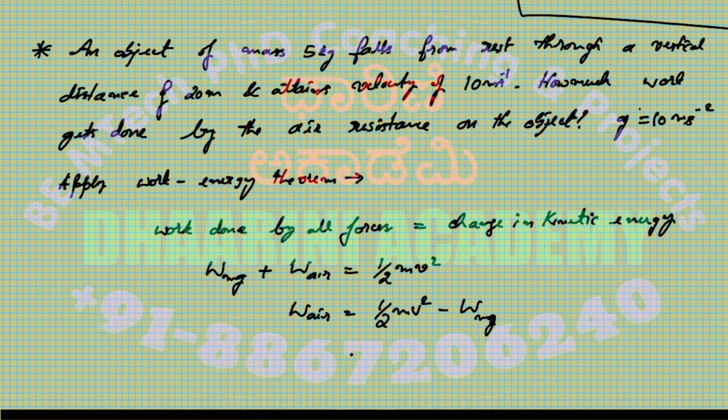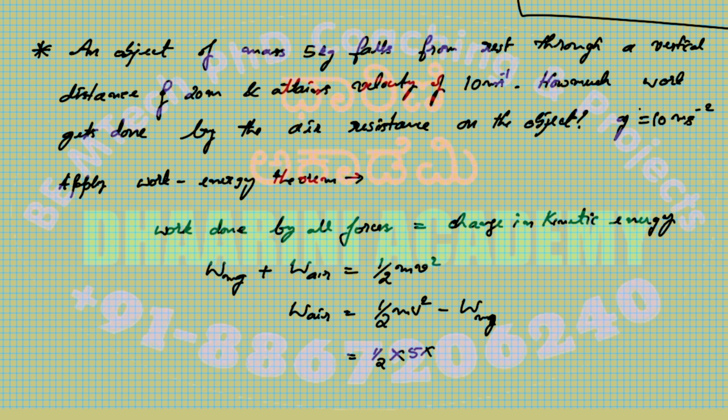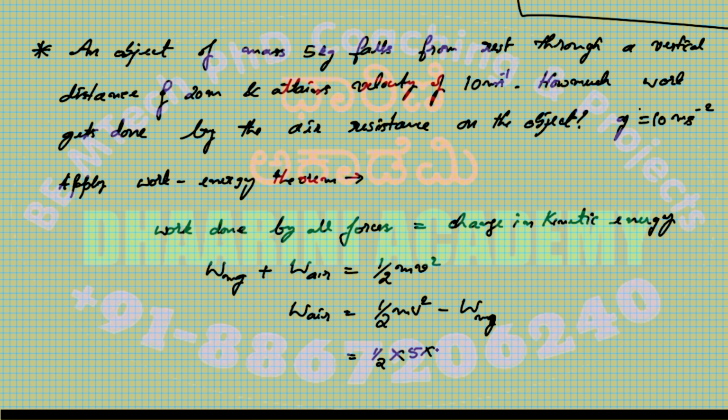All right, let's substitute. So this is half, the mass is given 5 kg, v square. V square indicates its final velocity, so it attains the velocity of 10. So 10 squared, minus the work done because of its gravity, which is nothing but the weight, m into g into h.